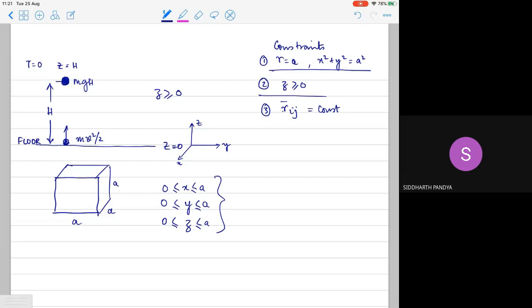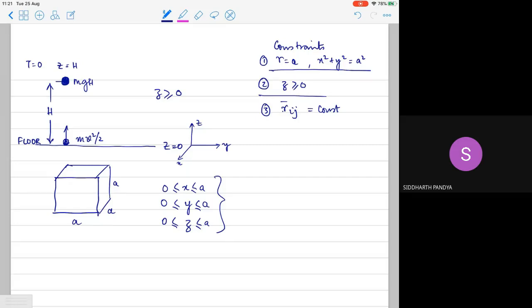is that constraints can be broadly classified into two forms. The algebraic equation describing the constraint can be classified into two forms. One is an equality, the other is an inequality.